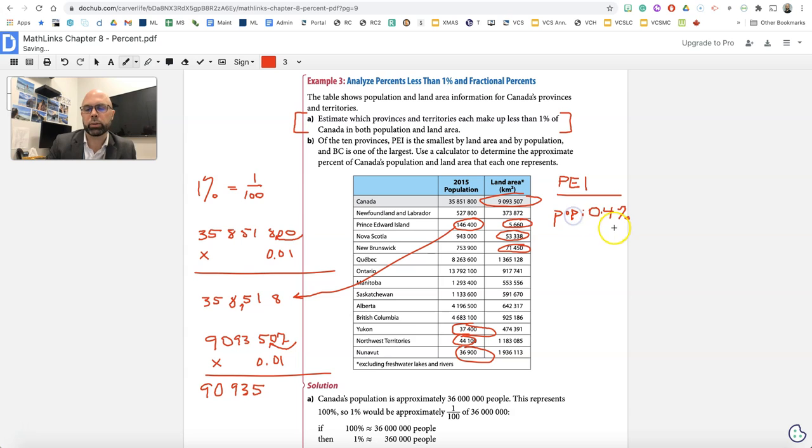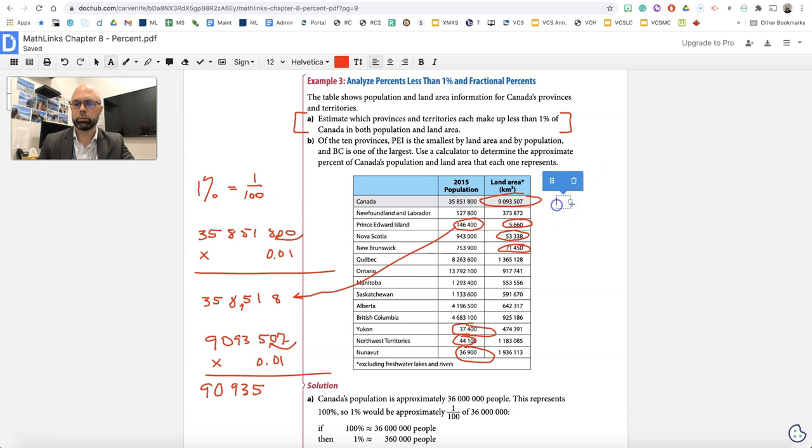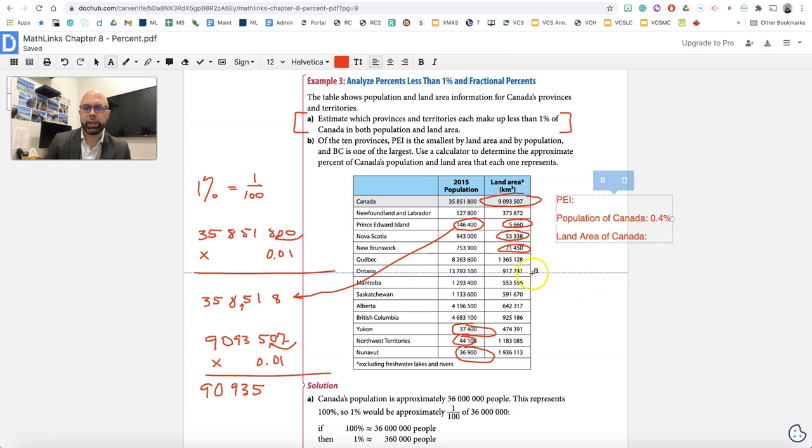BC will be interesting to see how it compares. And land area, I'll just write area. Now let's go back and make this a little neater. Land area of Canada.